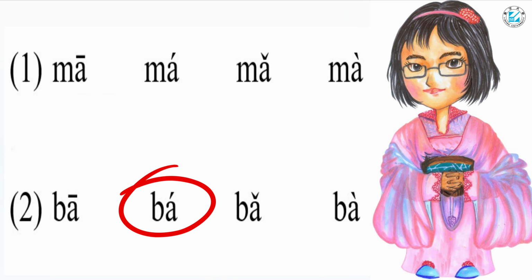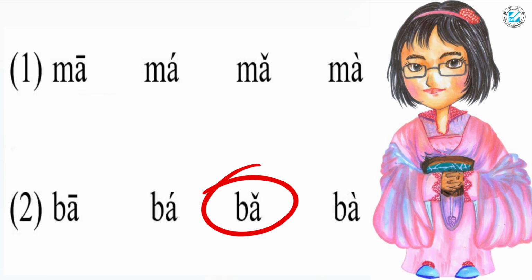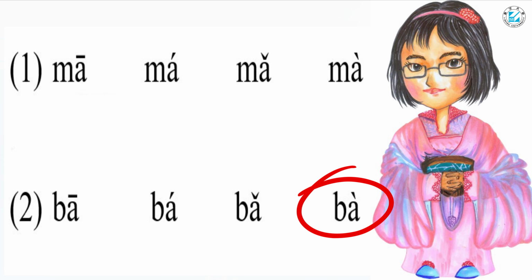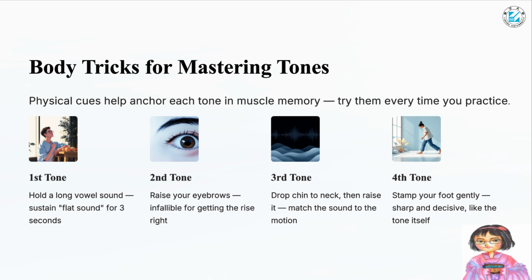And tone number 3, ba, ba, ba. And tone number 4, ba, ba, ba. Do you get it? I hope you enjoy it. And the whole movement can help you to imitate the sound.